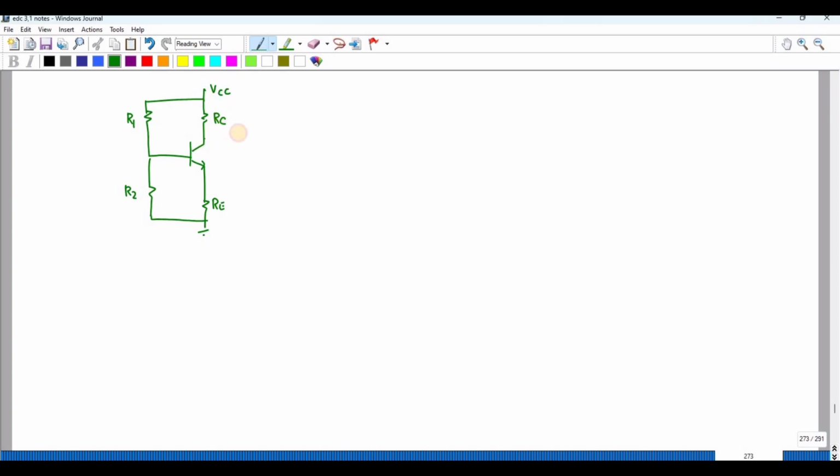Since the capacitors are open circuited, it will not connect to the output load resistance and the input supply.